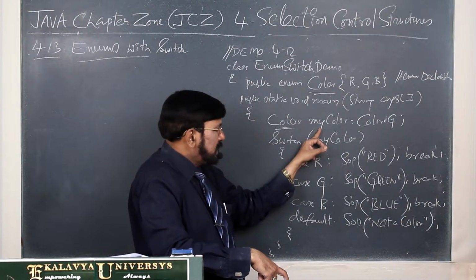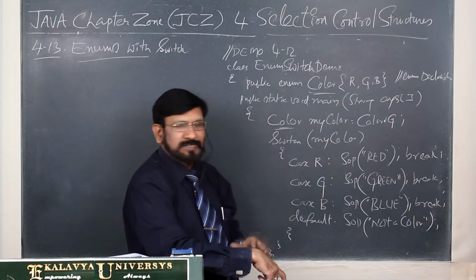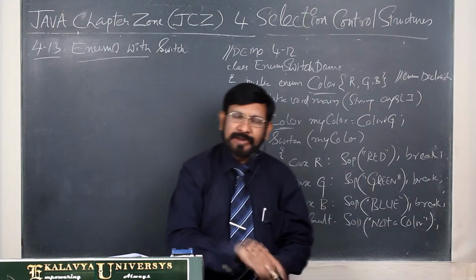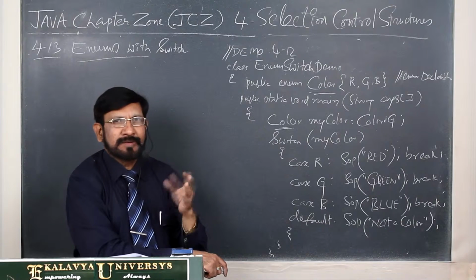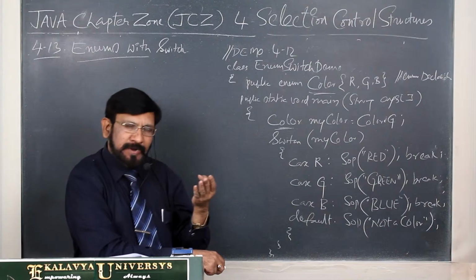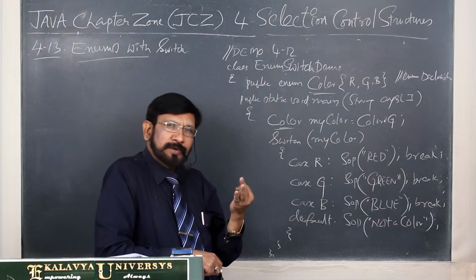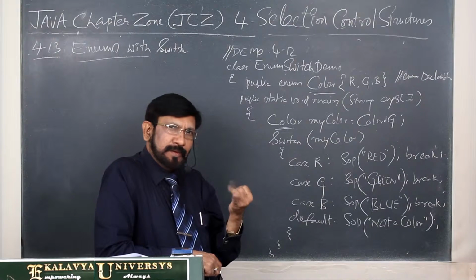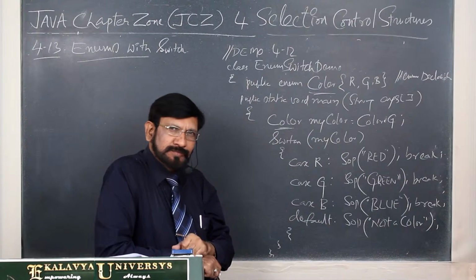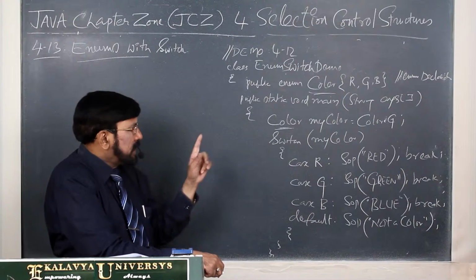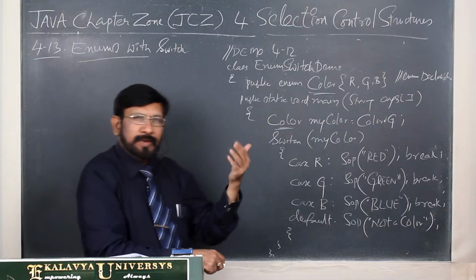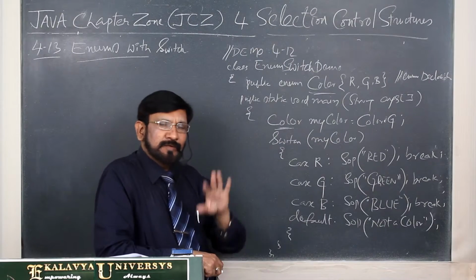Now myColor I am giving as an argument to switch. Already we learned that switch can accept 4 plus 1. What are the 4? Primitive byte, short, int, char type variables, and number 2, it can accept wrapper class objects of 4 types.